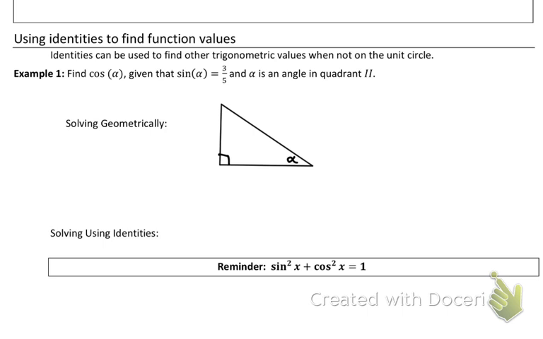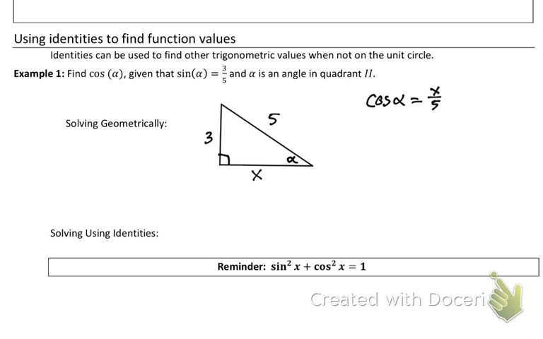So we have 3 over 5 where I have this missing side. If I ask for cosine of alpha, SOHCAHTOA says adjacent over hypotenuse, so our cosine alpha would actually equal just x over 5. So if I can find that x, I'm good.